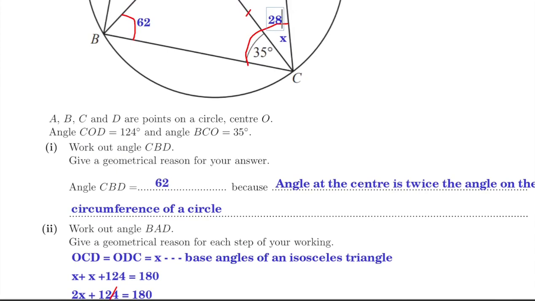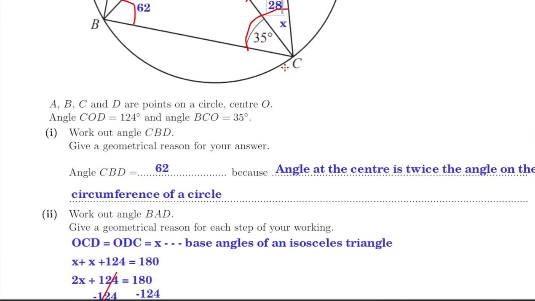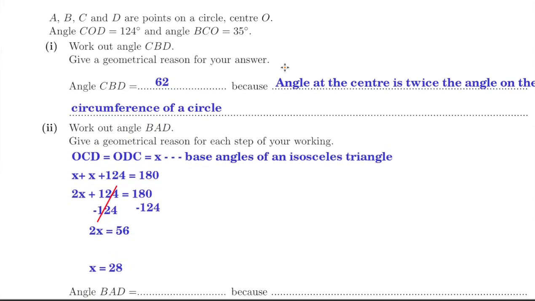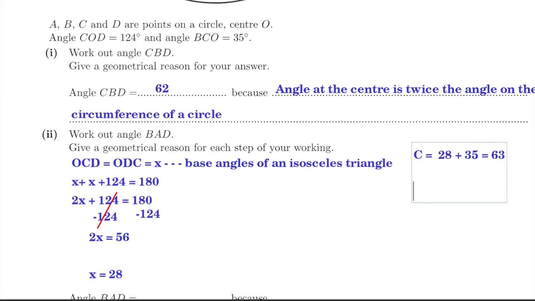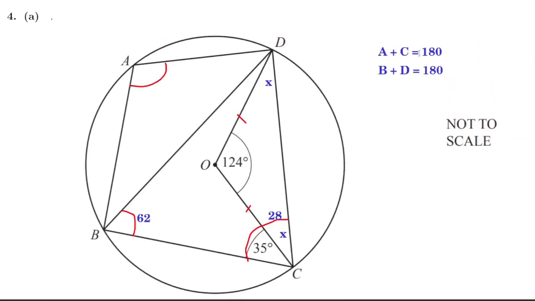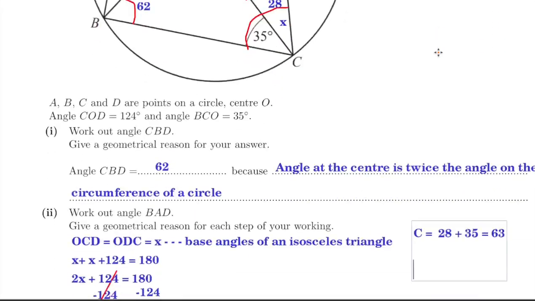So if this is 28, then the whole of angle C is 28 plus 35. So angle C is equal to 28 plus 35, and that's giving me 63 degrees. Now there's something I just wrote here. A plus C is equal to 180 degrees.